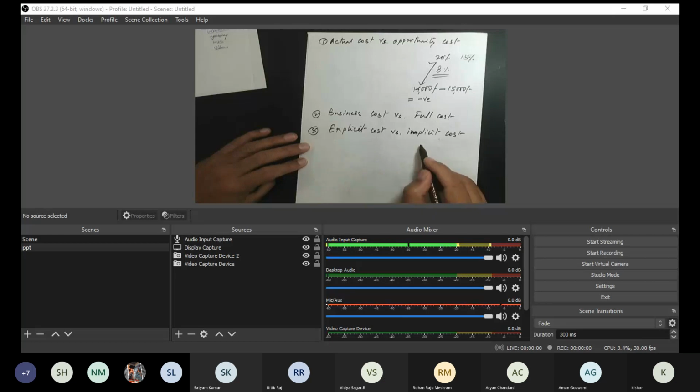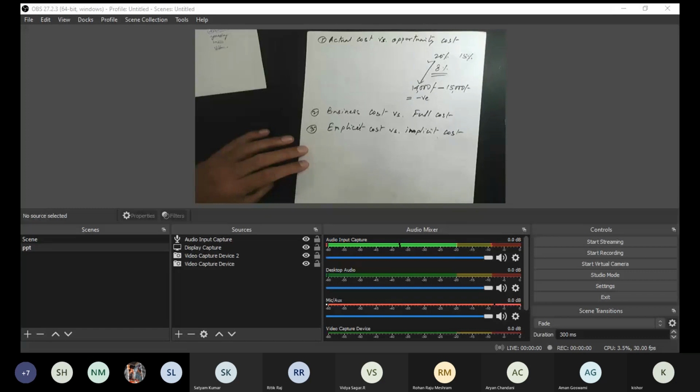Implicit costs are just like your opportunity cost. For example, you are working in your own factory as a manager. You are not incurring any cost for yourself, but you are sacrificing some money, because if you work in a nearby factory, you can easily earn 20,000.